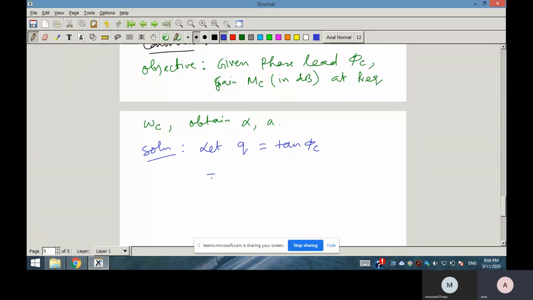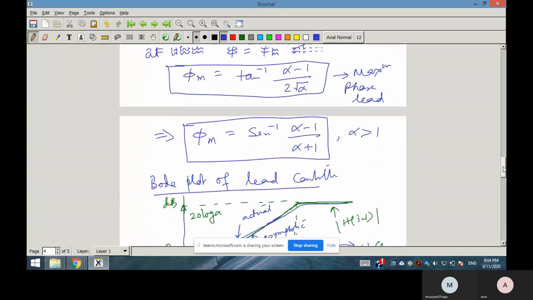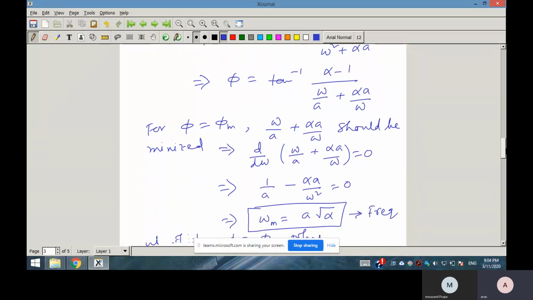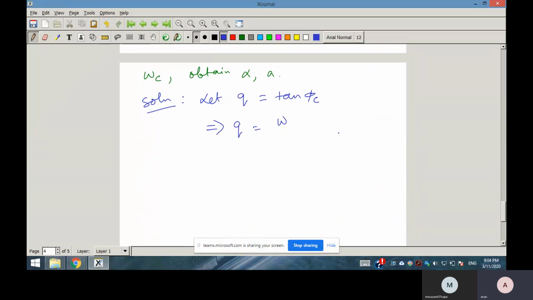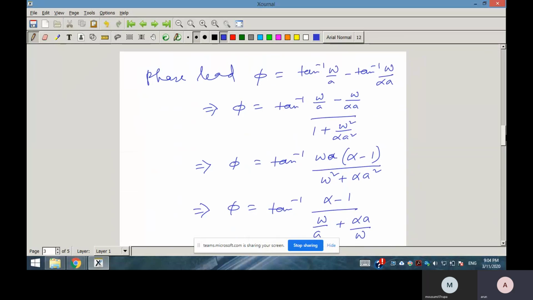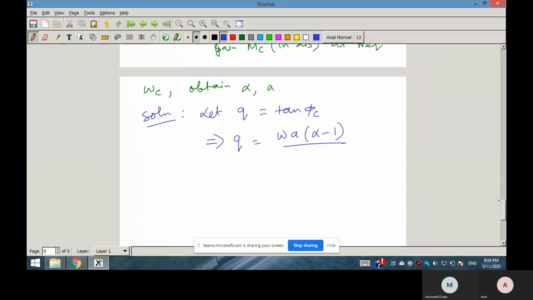So this means Q equal to tan of phi c is omega into A into alpha minus 1 divided by omega square plus alpha square A square.